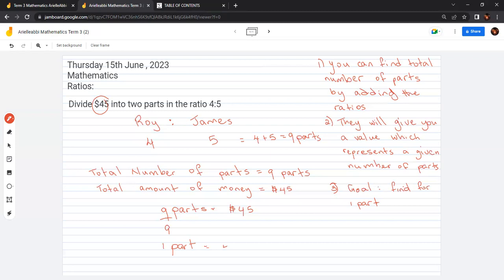So it's going to be 45 divided by 9. So find for one part and then find for any number of parts.